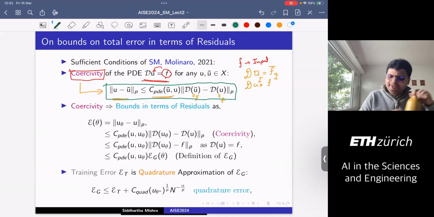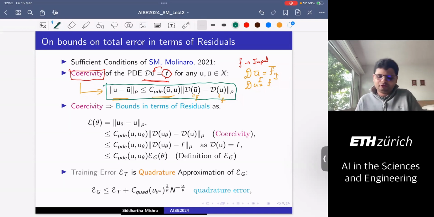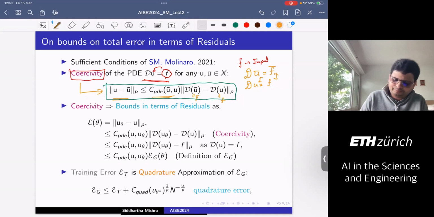Now, how can we convert this into bounds in terms of residuals? Remember, my objective, and this is very, very straightforward, but it requires a little bit of concentration. Let's try to have that concentration. This is the definition of error. Error is nothing but the neural network minus the exact solution in some norm. But remember that the PDE itself is D u equals f again and again. But what is the neural network doing?